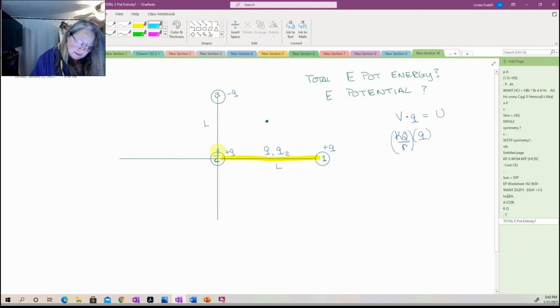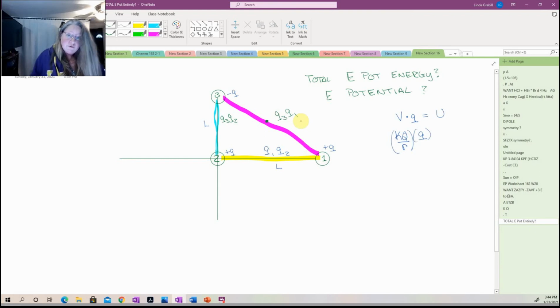And then this line here would be Q3 interacting with Q2. So I have 3 interacting with 2 and 1 interacting with 2. The only one I'm missing would be this straight line here, between Q3 and Q1.